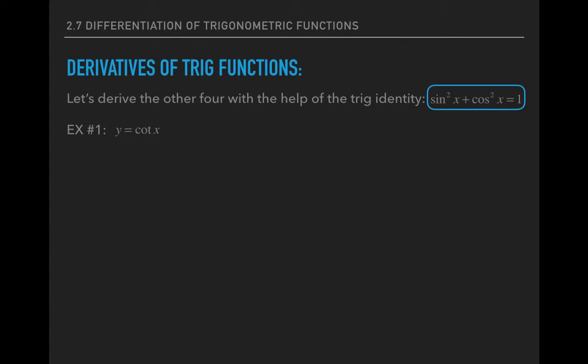Now let's do cotangent. Right, so now when we write cotangent in terms of sine and cosine, cotangent will look like tangent, but just flipped. So now it's cosine over sine.